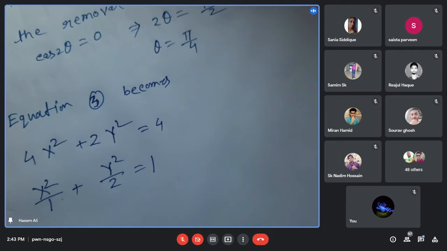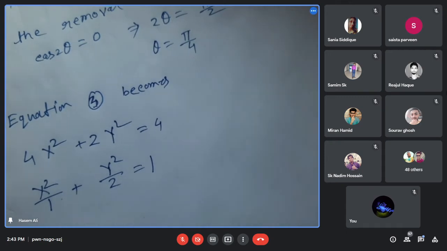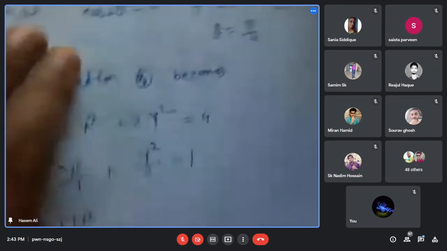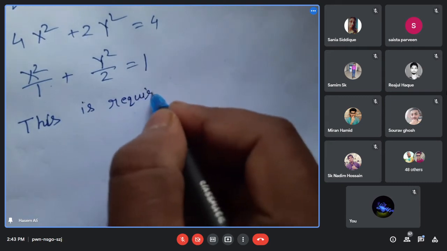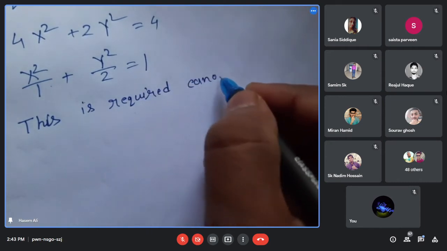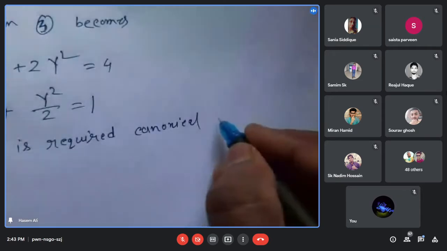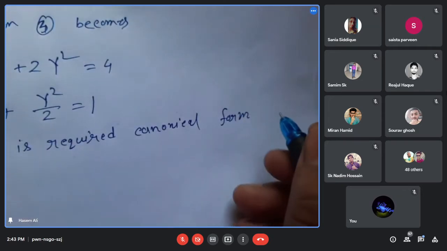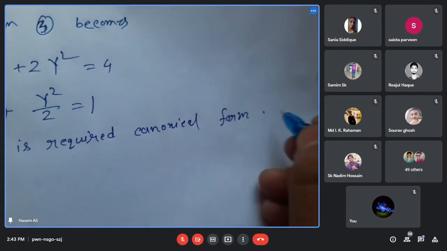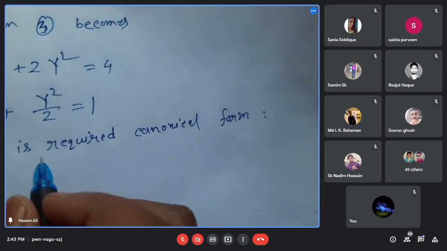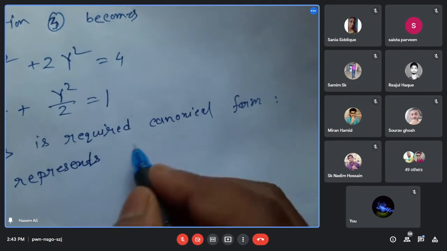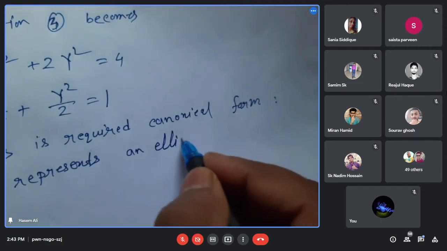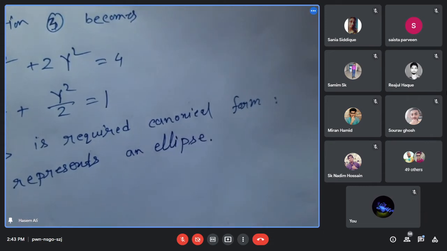So this is the required reduced canonical form. This represents an ellipse.